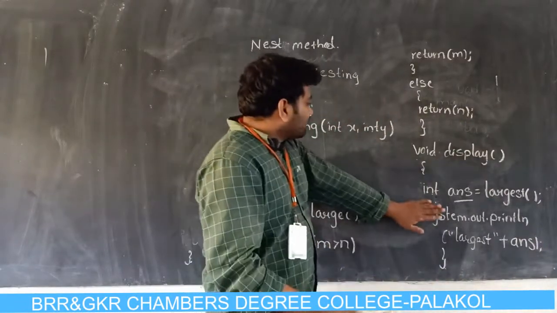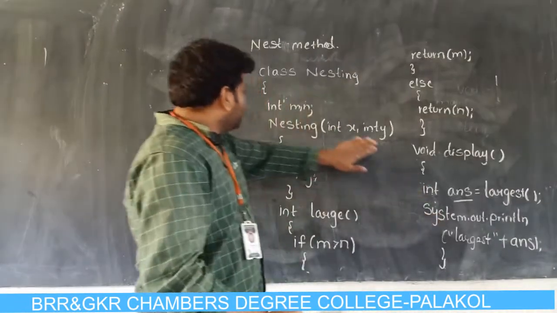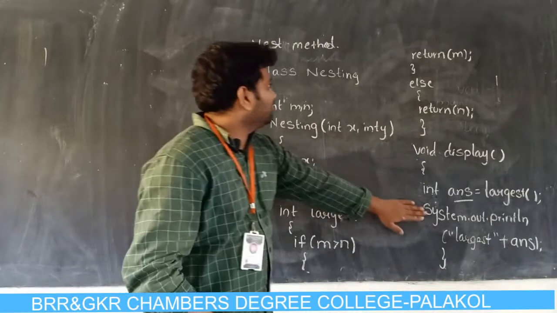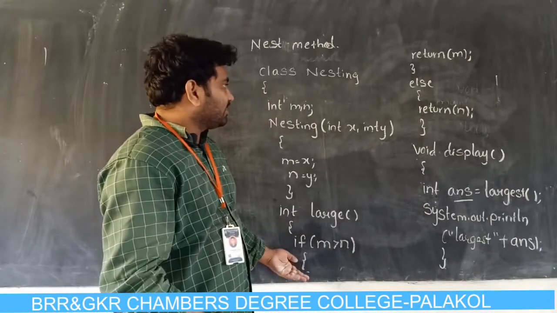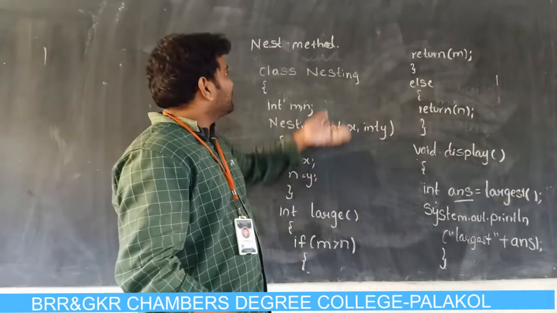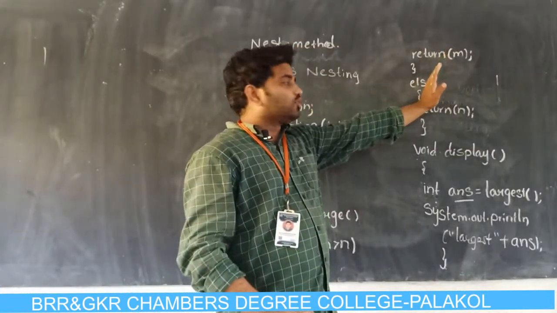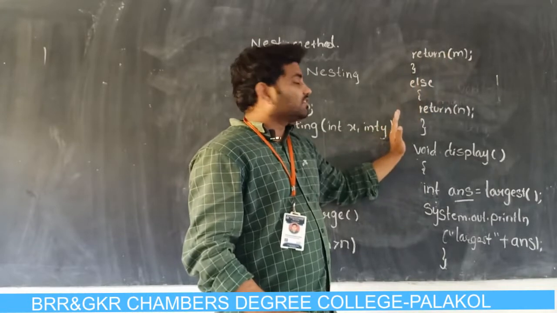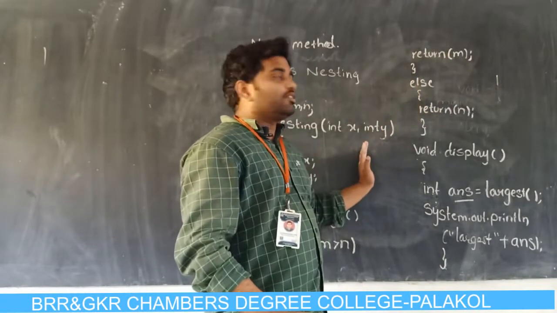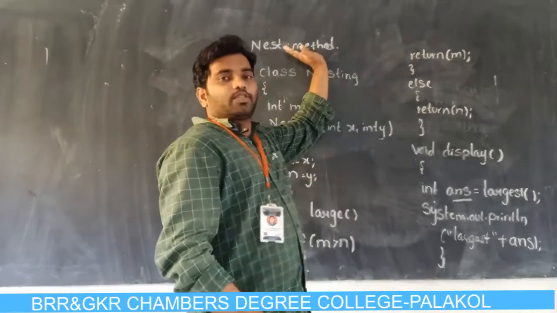Okay. One method calls another method of the same class, which is nothing but the nested method. After you aggregate the class with the total information, this is the small example. Write the nested method program. Okay. Thank you.